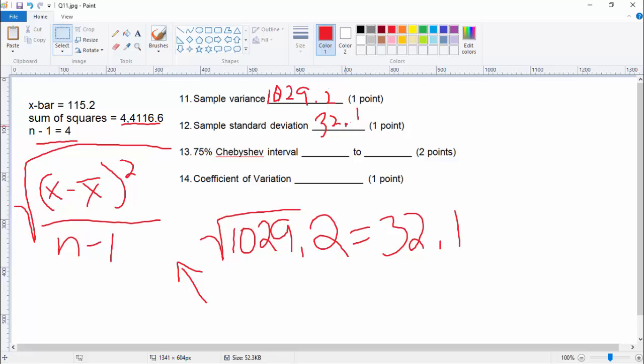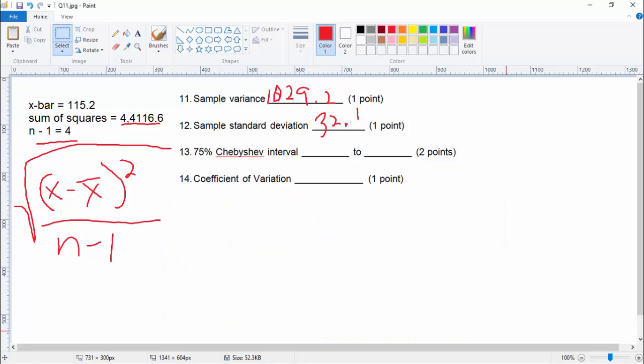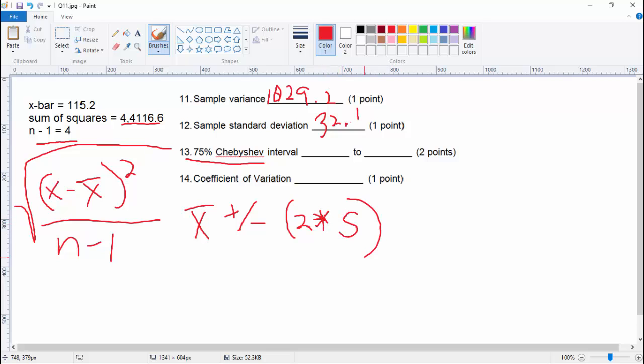Next, we're going to talk about Chebyshev. Good old Chebyshev, right? If you look in the book, the 75% Chebyshev interval would be like your x bar plus or minus 2 times the standard deviation, right?